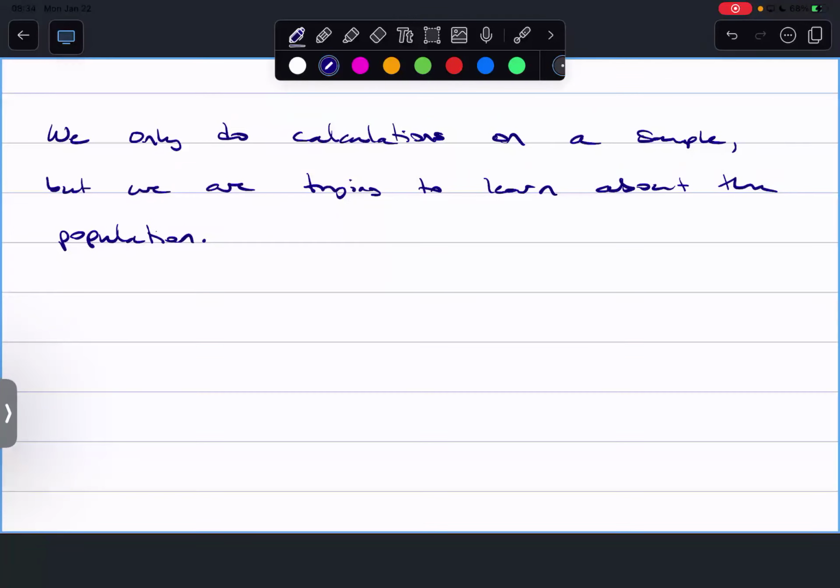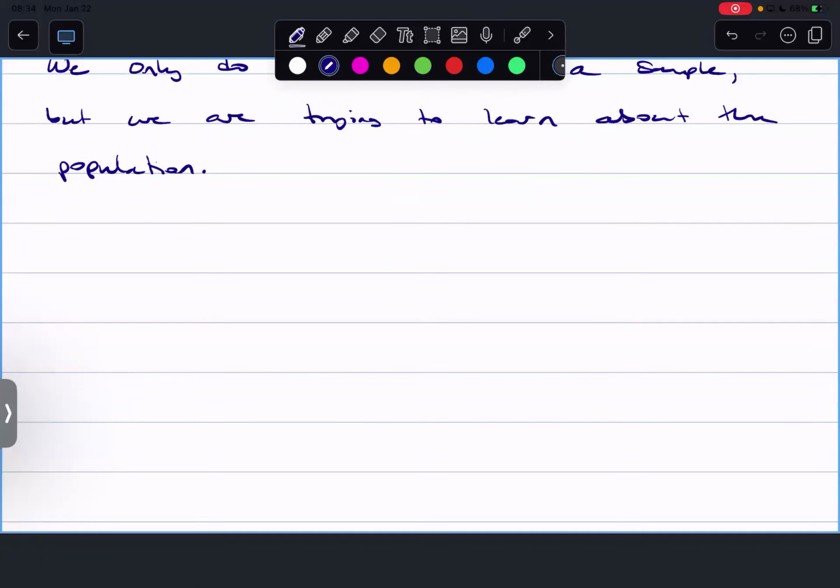Which means that I need some notation to keep those two straight. I feel like I introduced it already, but who knows? Sample information or a measurement from the sample. Let me write that up. A measurement from a sample is called a statistic.